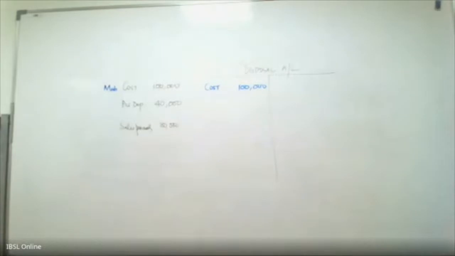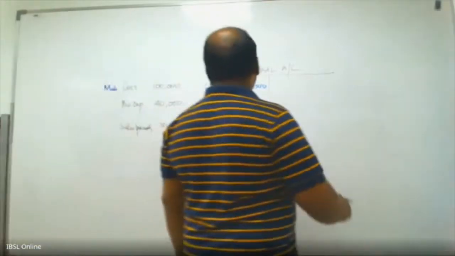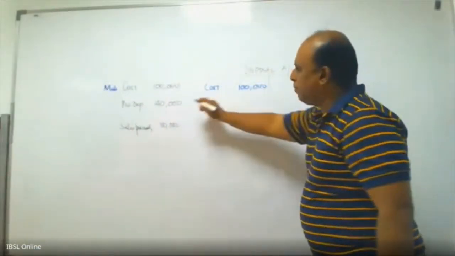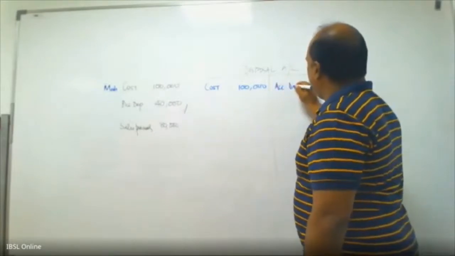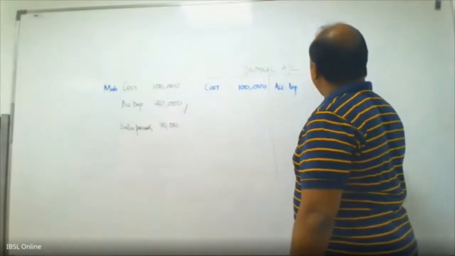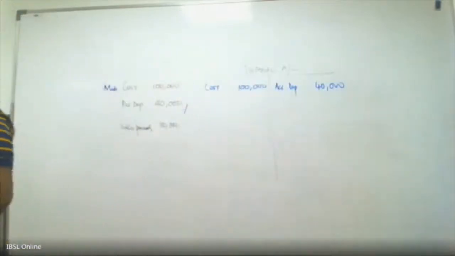Quickly, we can't spend more time. We have to do a lot. Accumulated depreciation debit, disposal account credit. So we'll credit the disposal account by debiting the accumulated depreciation. So that will be 40,000 here.